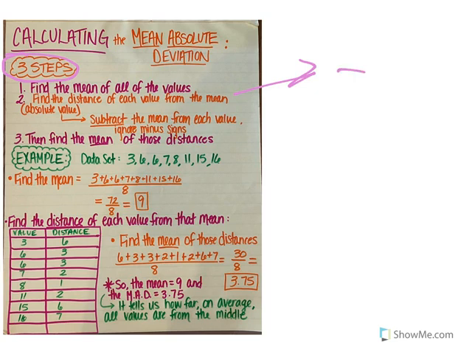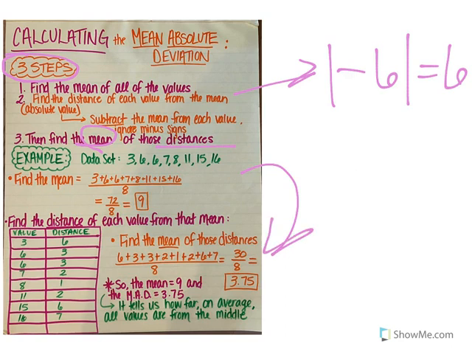So remember, the absolute value of a negative number is always a positive number because distance is a positive measure. The way that you can do this is subtract the mean from each value and ignore the minus signs. Remember, we have not worked with calculating positive and negative numbers, so I'm not going to make you do this here. And the third thing is you are then going to find the mean of those distances.